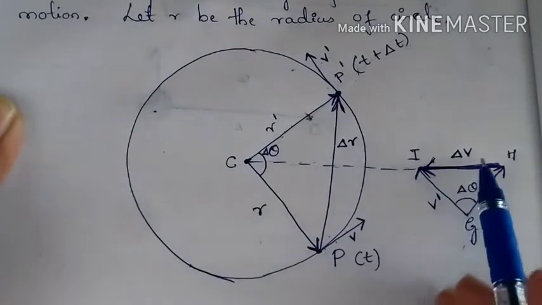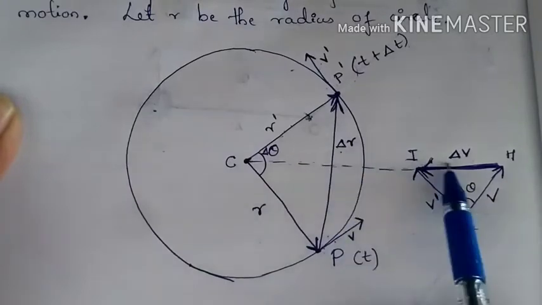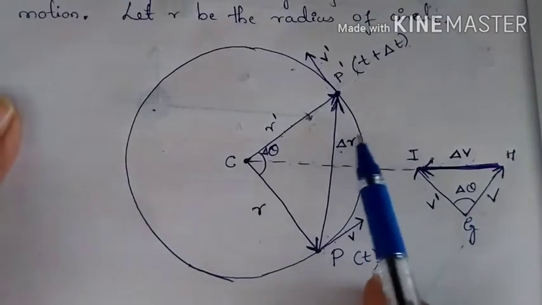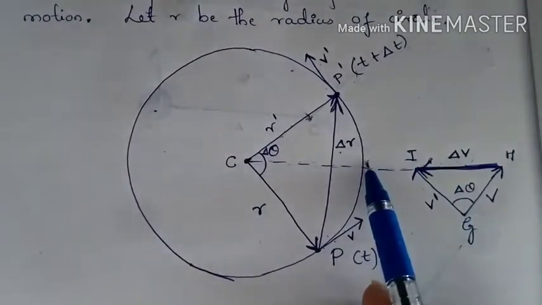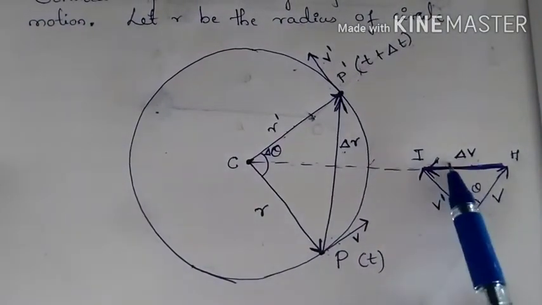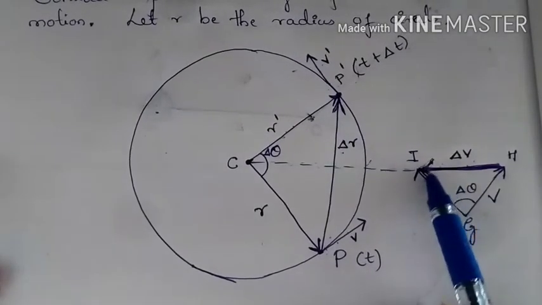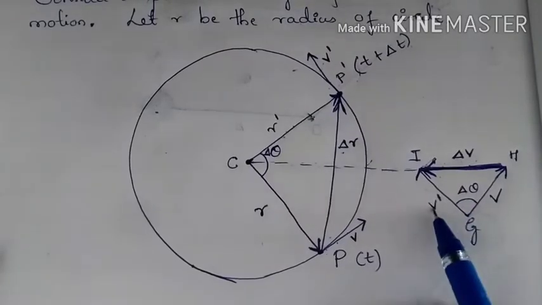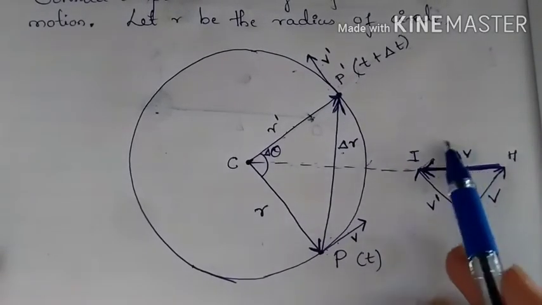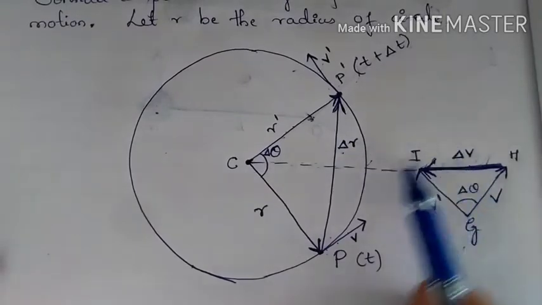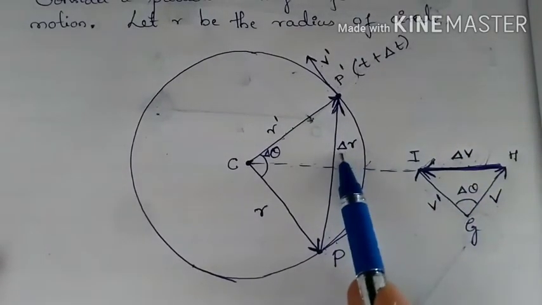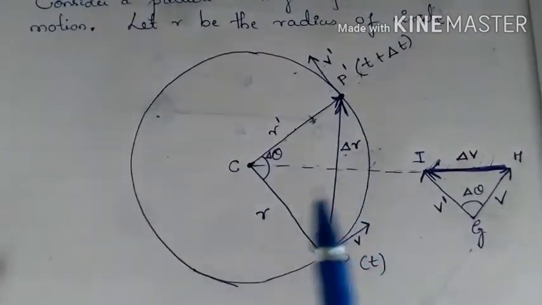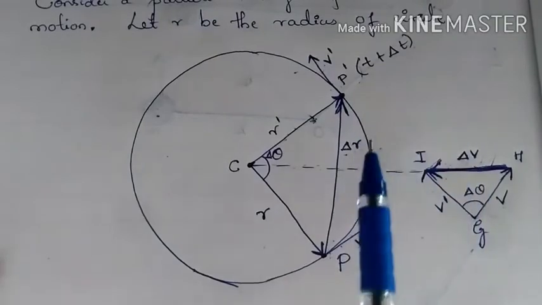If you observe clearly, delta R is perpendicular to delta V. So from the triangle law of vector addition, V prime and V will give delta V, and this delta V will be perpendicular to delta R. These things should be clear to you, or it will be problematic when you solve problems.